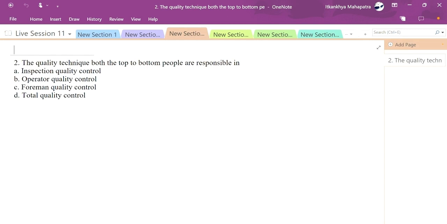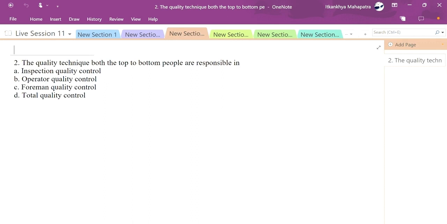Operator quality control, foreman quality control, statistical quality control, total quality control, organization, design of experiments, TQM. When the inspection based approach is considered, whatever is produced after manufacturing is checked, and if it is as per the specification or requirement, it is accepted, otherwise it is rejected.